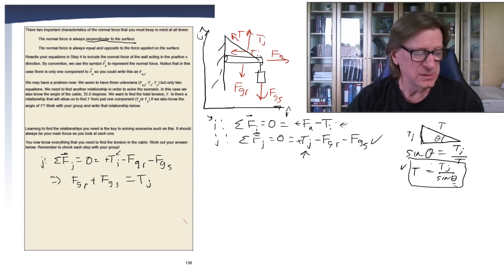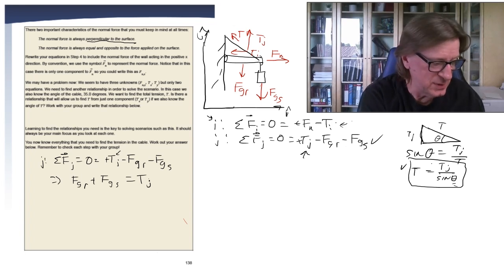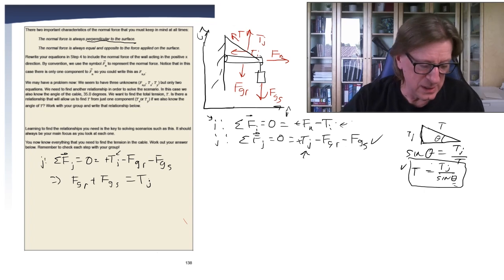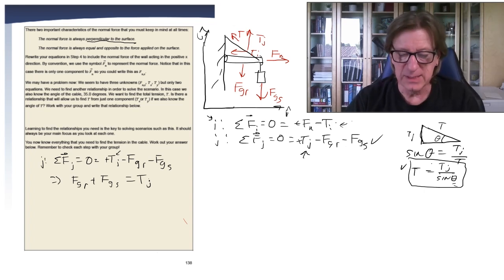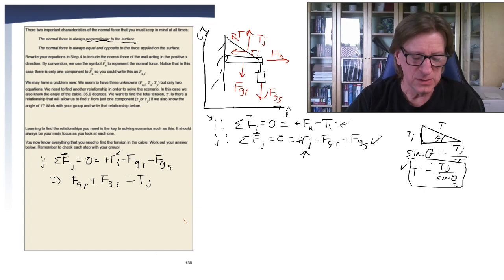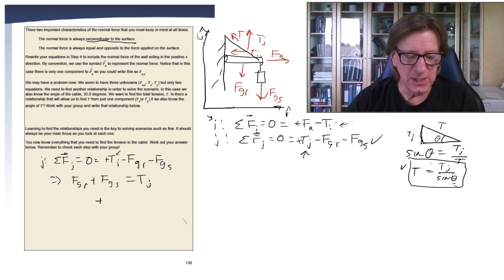All right, so let's go back to our symbol list, and we can get our masses. I don't have that handy, so we're going to work it out again real quick. So it was 5.5 kilograms times 9.81. So F of GS then we decided was 54.0 newtons.